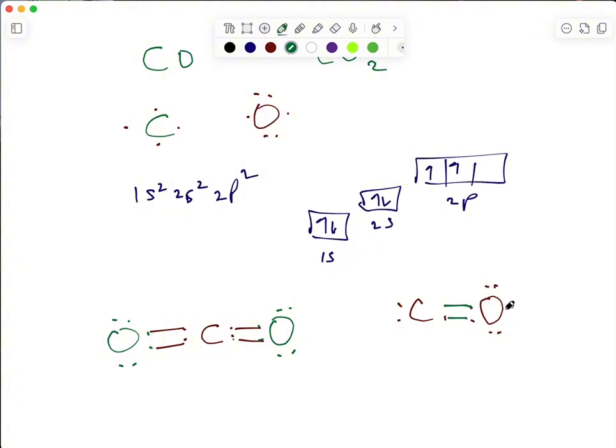If you look at oxygen, oxygen is kind of complete: 1, 2, 3, 4, 5, 6, 7, 8. But for carbon, is it complete? You have 1, 2, 3, 4, and you have 5, 6.